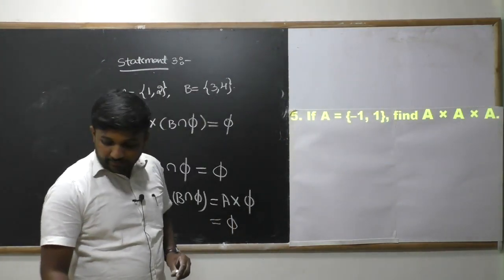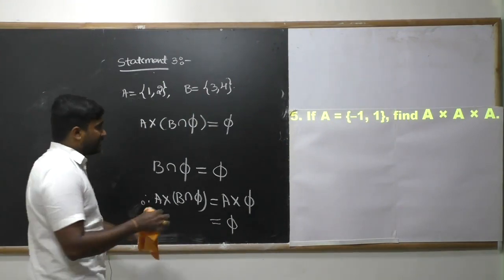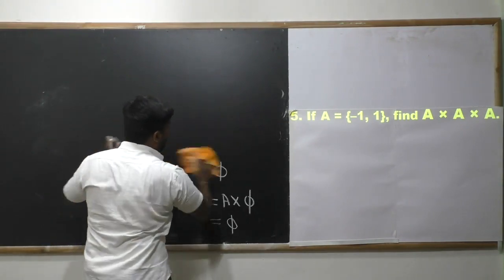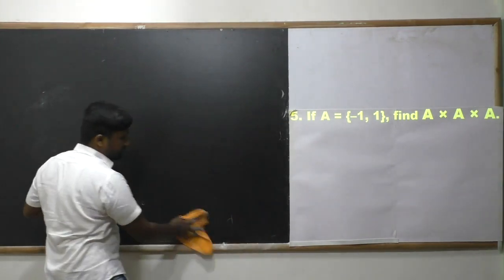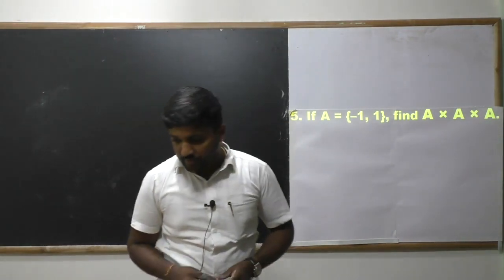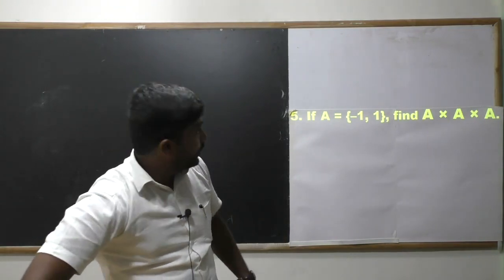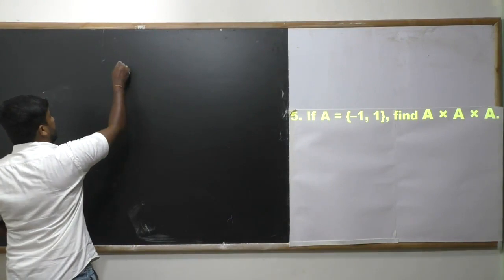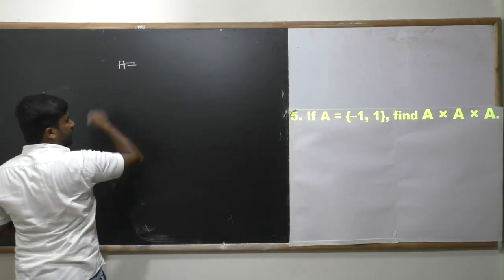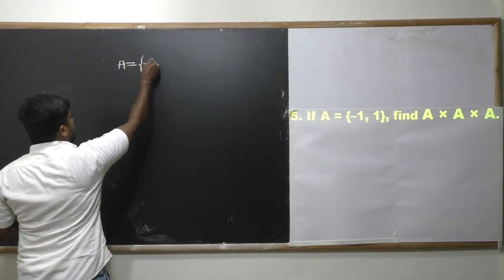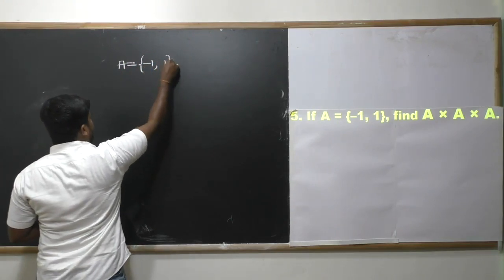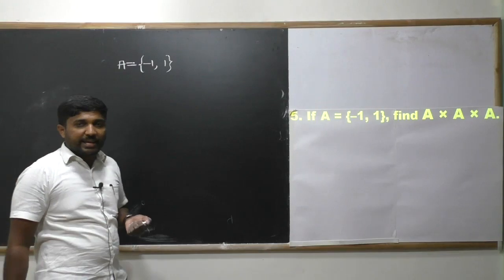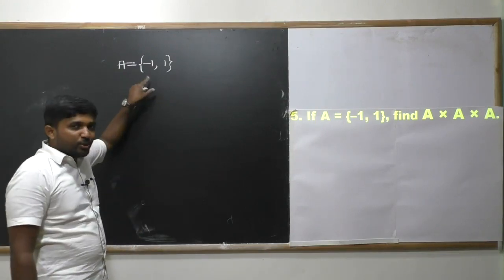Problem number 5. Very interesting question. If set A is equal to the set with elements minus 1, 1, find A cross A cross A. A contains 2 elements.